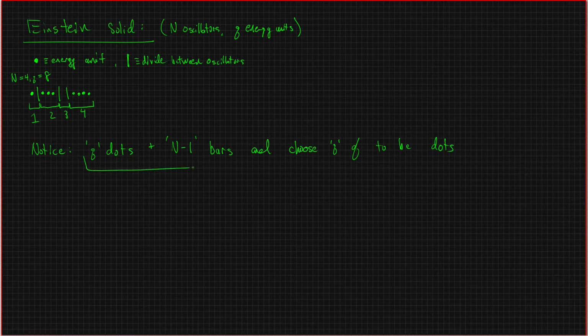So this is the total number of symbols that are available to us, or spots here. And in order to uniquely describe the microstate, we have to choose Q of them to be the dots, right? Because there are 8, or Q, energy units that you need to choose here.